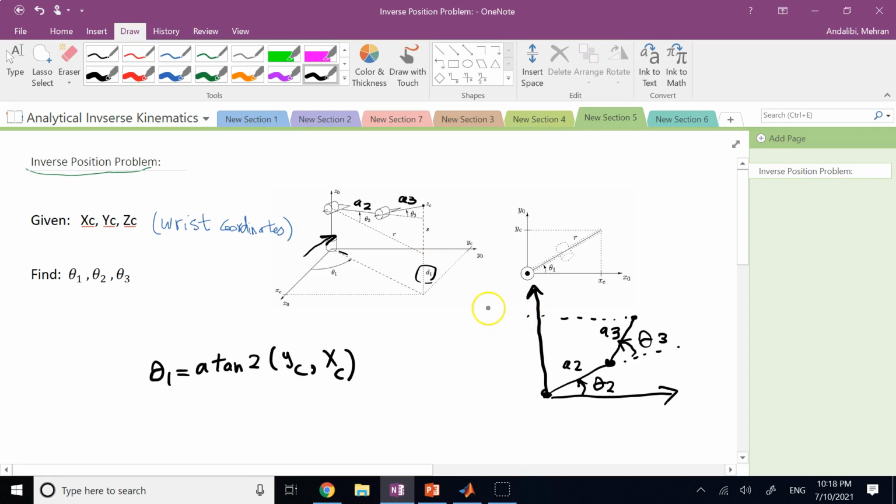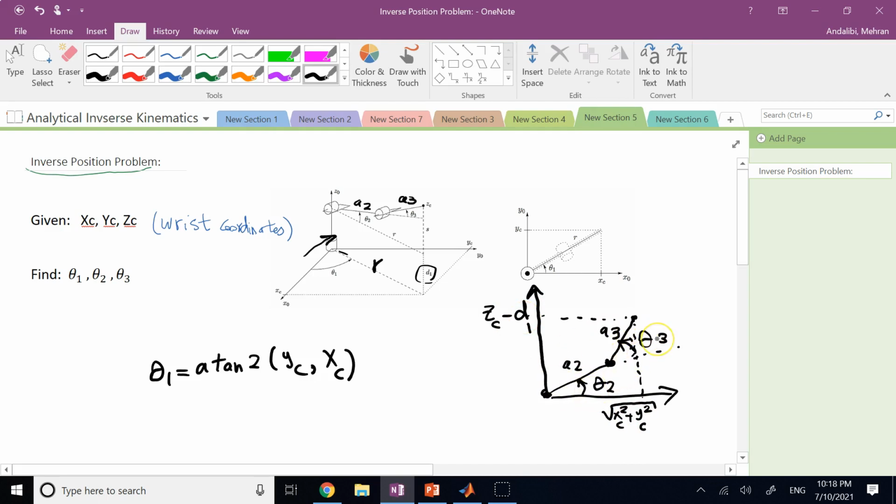So this point here is z of c minus d1, and this point here is, as you can see, r, this hypotenuse, where r can clearly, that's the same as this r, come from what? This is the square root of xc squared plus yc squared. So anyways, they are given numbers because xc, yc, zc, they are all given. d1 is just a part of geometry. That one is given. a2 and a3 are given.